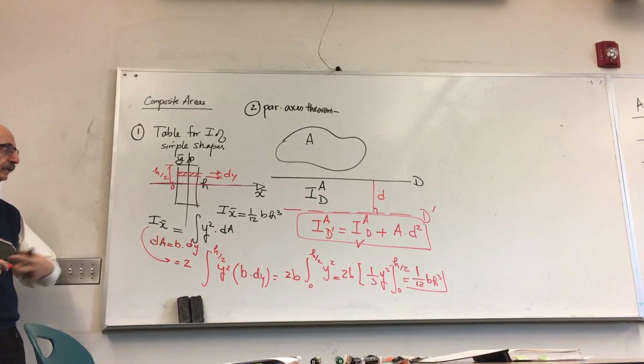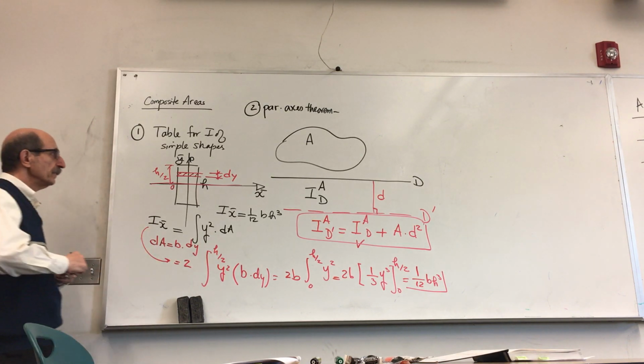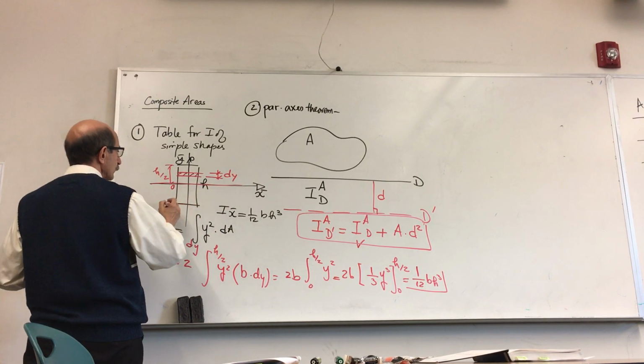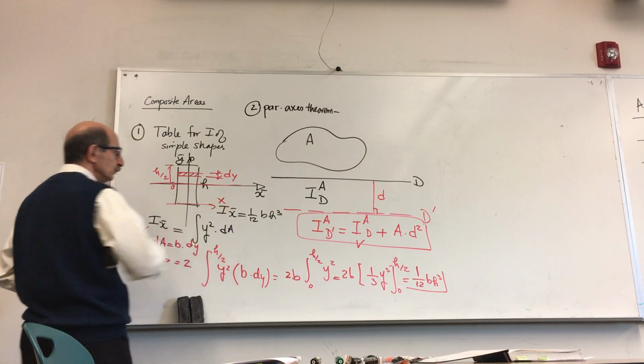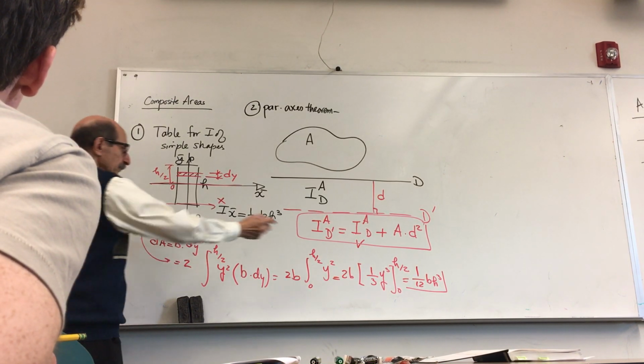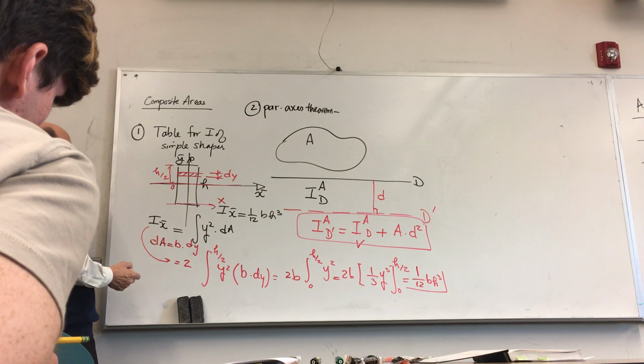Even here, if you look at those tables in the book, moment of inertia is given with respect to this axis, and for instance, this axis. And you wonder how they've done it. They haven't recalculated it. You have the moment of inertia with respect to x bar.